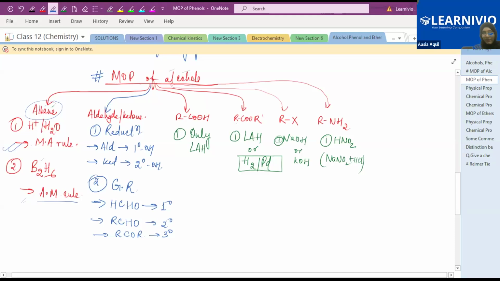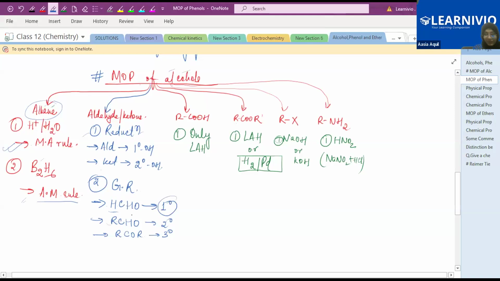Second, we have done the carbonyl compounds, aldehyde and ketone. First, we have seen reduction. Aldehyde on reduction will give you a primary alcohol, and ketone on reduction will give you a secondary alcohol. Now, Grignard reagent के case में हमने क्या देखा? Formaldehyde on treatment with Grignard reagent will give you a primary alcohol. When you remove a hydrogen from formaldehyde and place an R group, any alkyl group, it becomes another aldehyde.